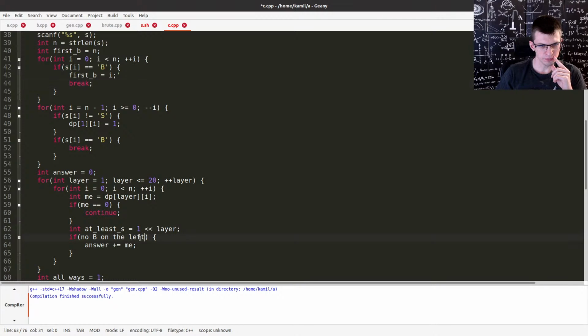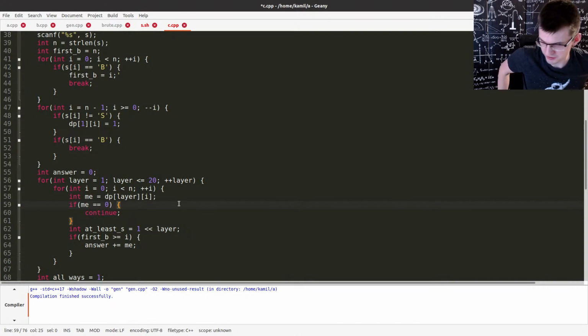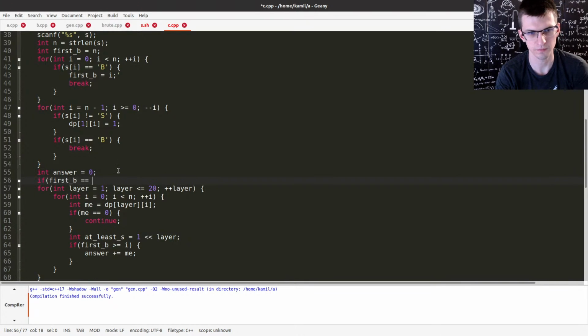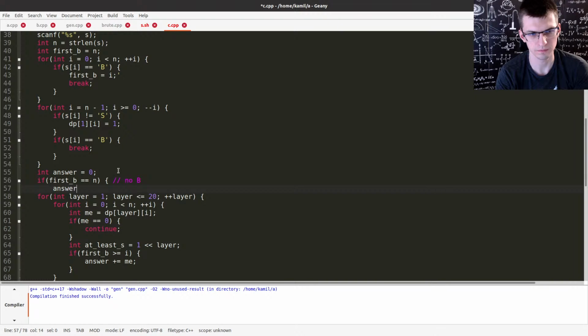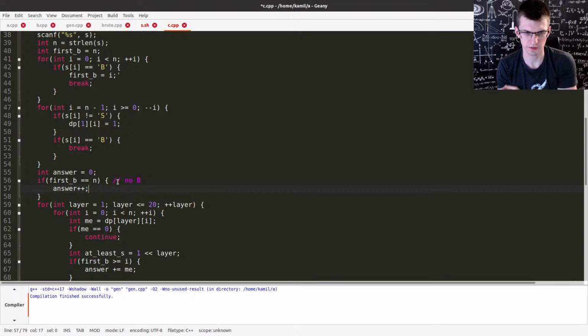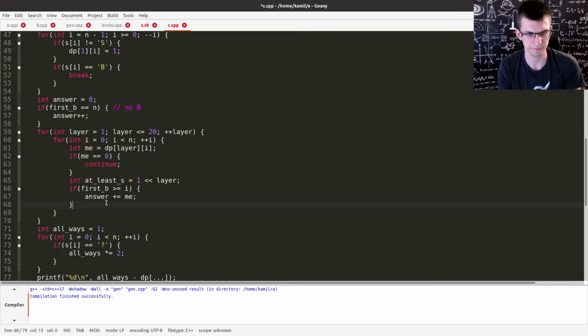Right, if no B on the left, so if first B greater equal I. And I can be B. Okay, but that's satisfied here. Right, can it happen that nothing is B? I think so. This is if nothing is turned into B's, just everything is S's, otherwise there will be some B.